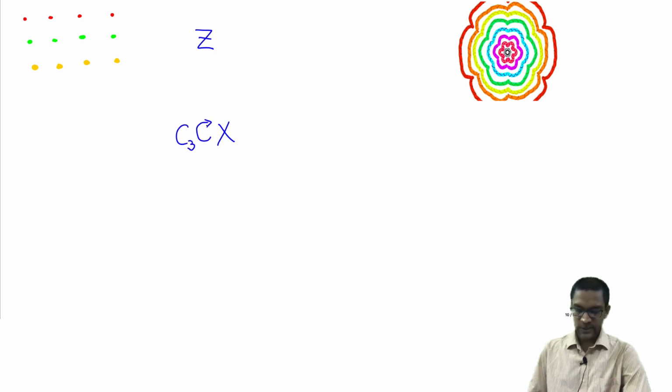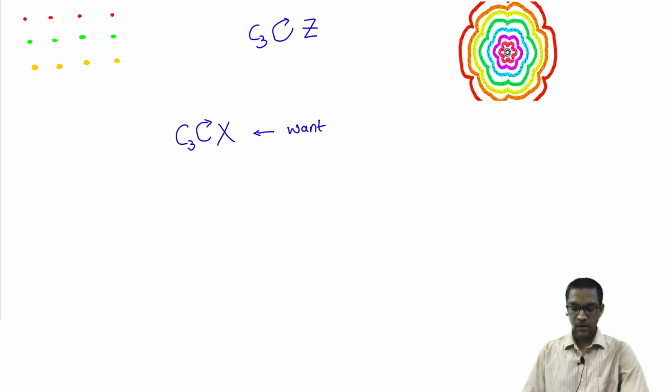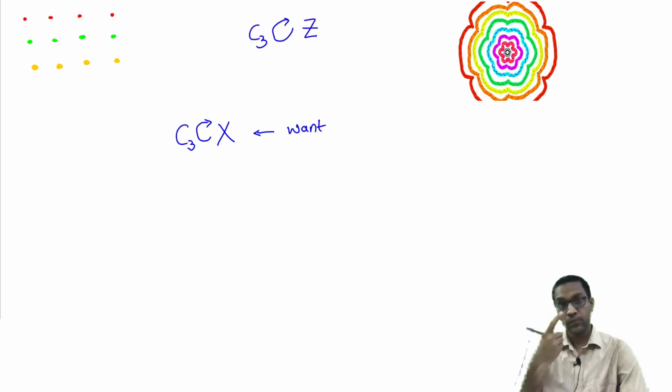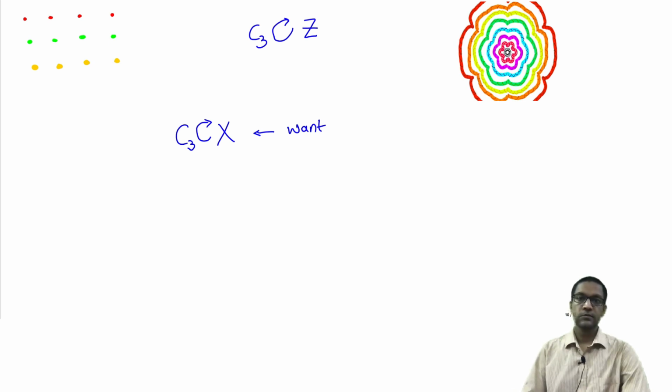So let me try and construct an action of the cyclic group of 3 elements on the set X. But before I do that, let's first work with Z as a starting point. So this is what I eventually want to understand, how to define an action on X, but for a start, let's define an action on Z.